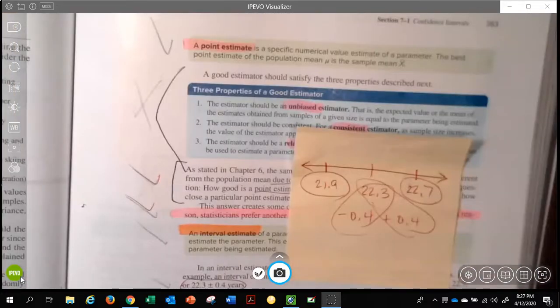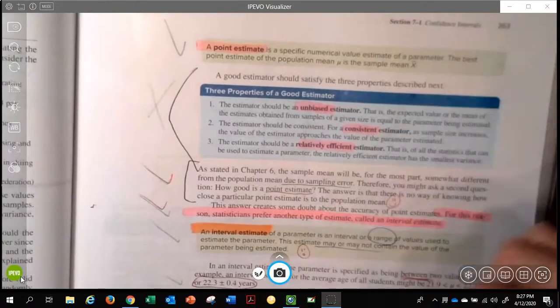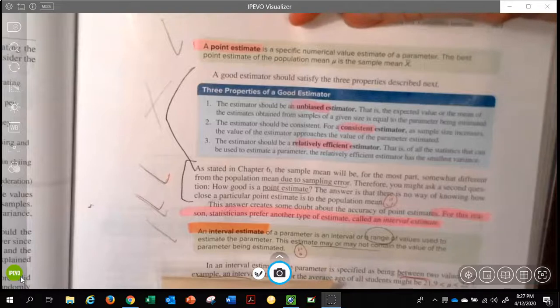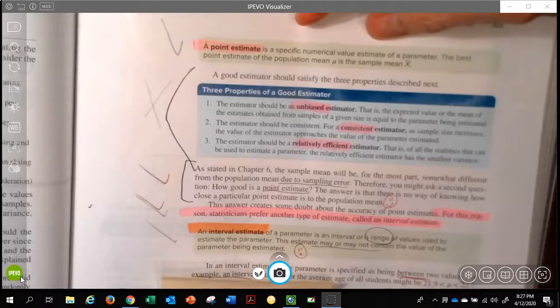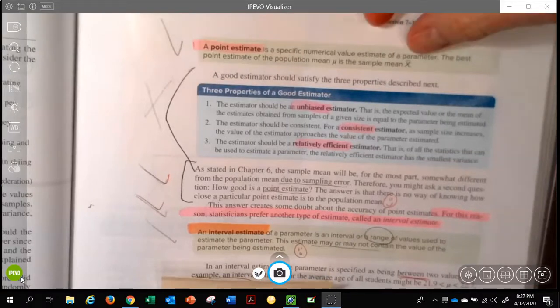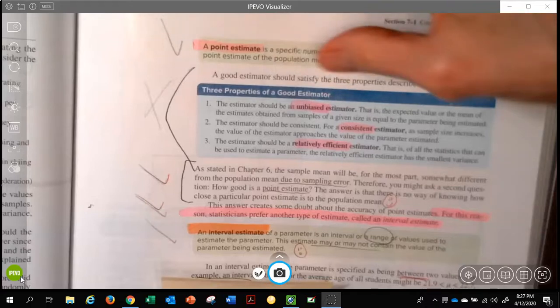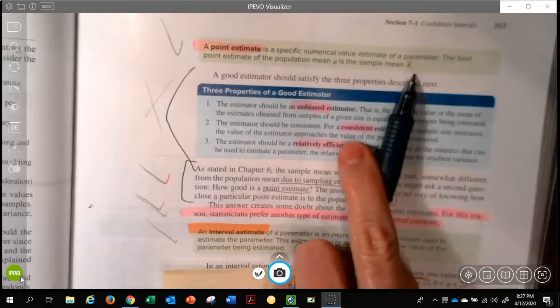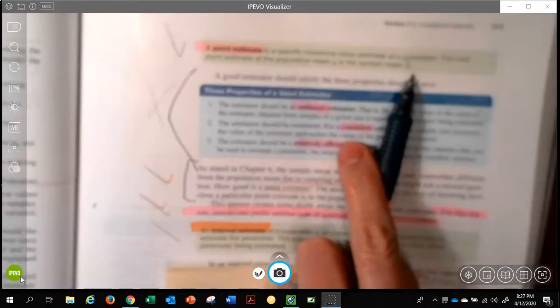Top of page 363. It says there is this thing called a point estimate. It is a specific numerical value estimate of the parameter, the population. The best point estimate of the population mean is the sample mean.